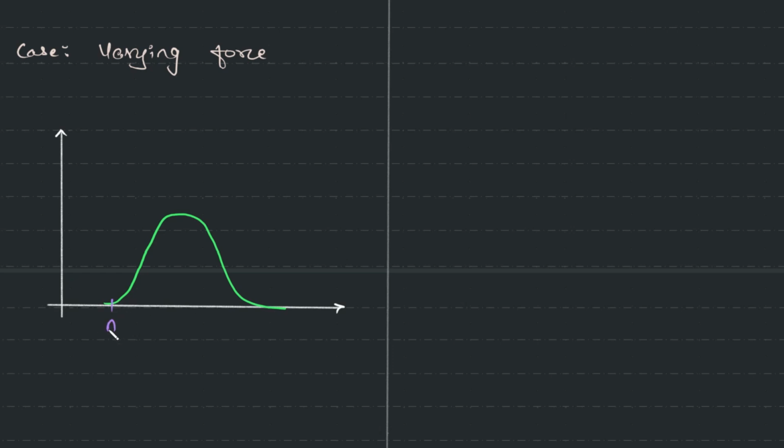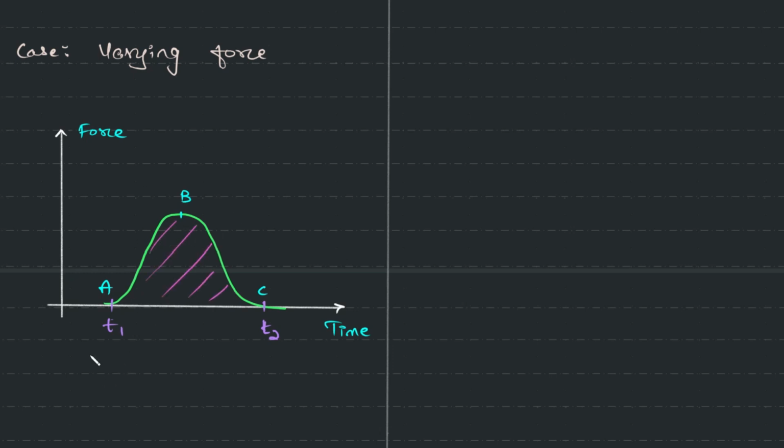And we have T1, T2, A, B, and C. This is time, this is force, and this is the area under the graph.